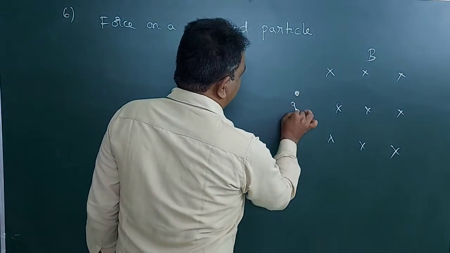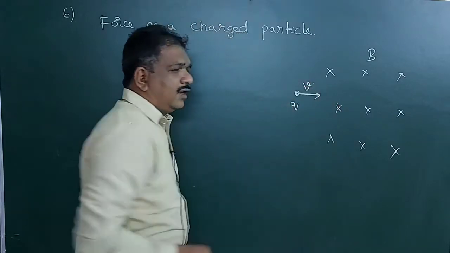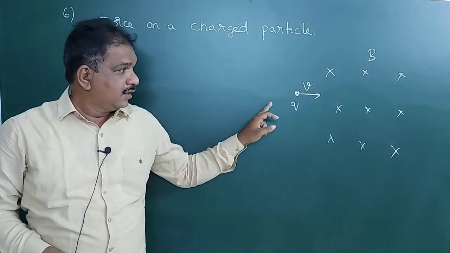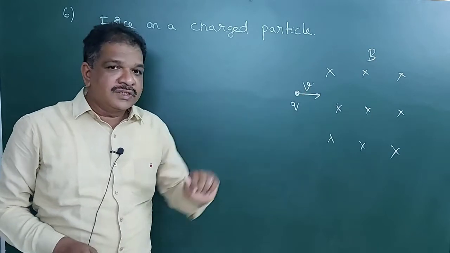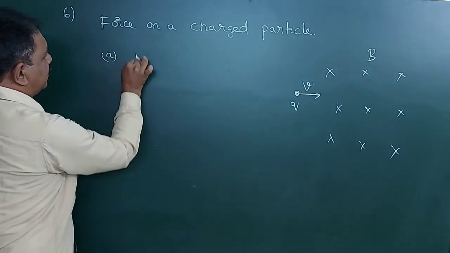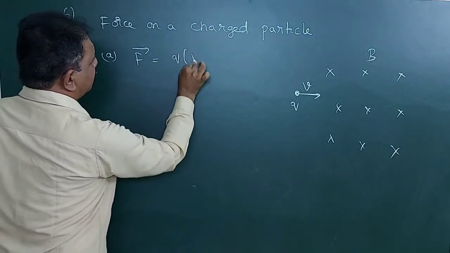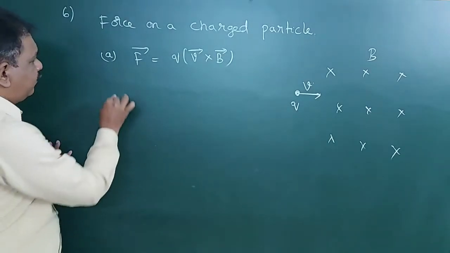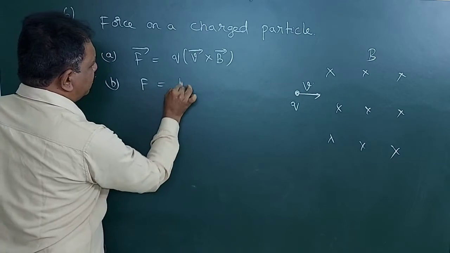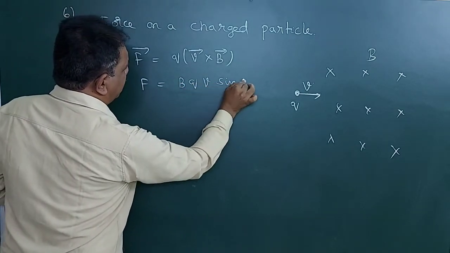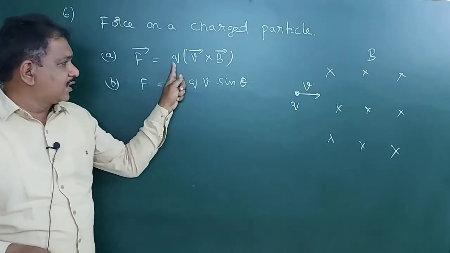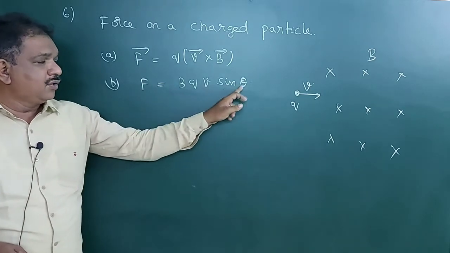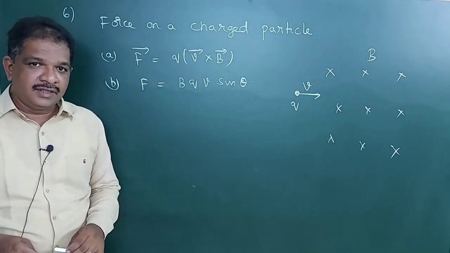Here a charge Q entered into the magnetic field with velocity V. Then the force acting on the charged particle is F bar is equal to Q into V bar cross B bar. In magnitude form, F is equal to BQV sin theta. V bar cross B bar means VB sin theta. So BQV sin theta. Understanding?